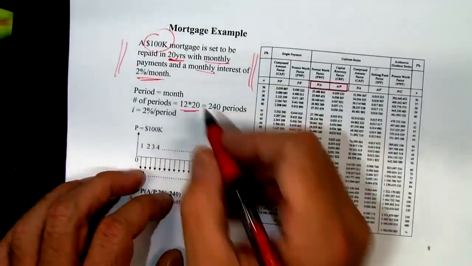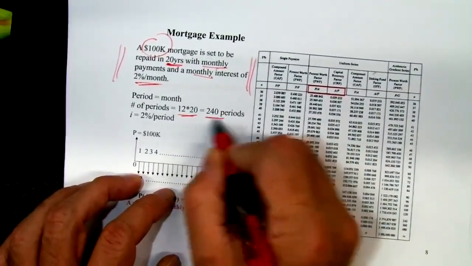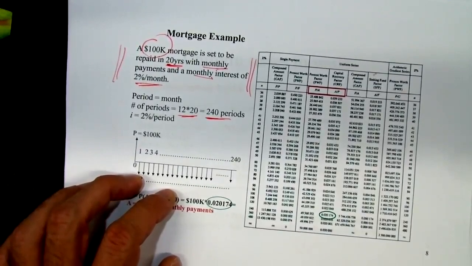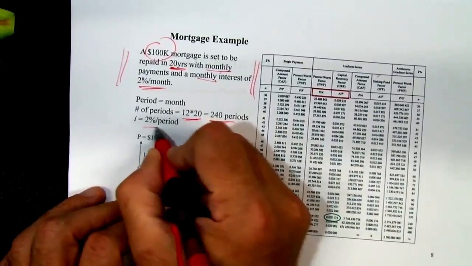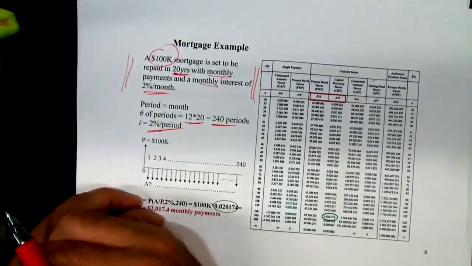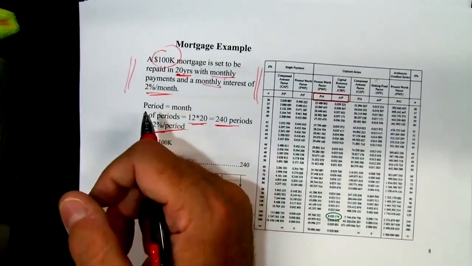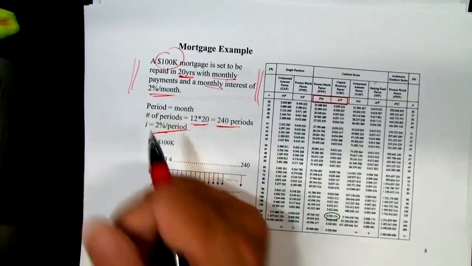So you are repaying your initial loan in 240 periods, 240 months. And the contract says that you are going to pay 2% interest for every single period. Of course, on the outstanding balance. Remember that, because it's not on the initial value.